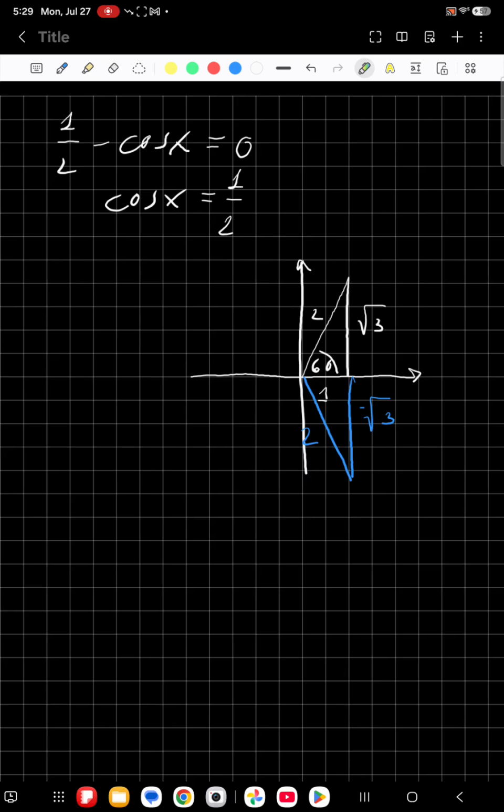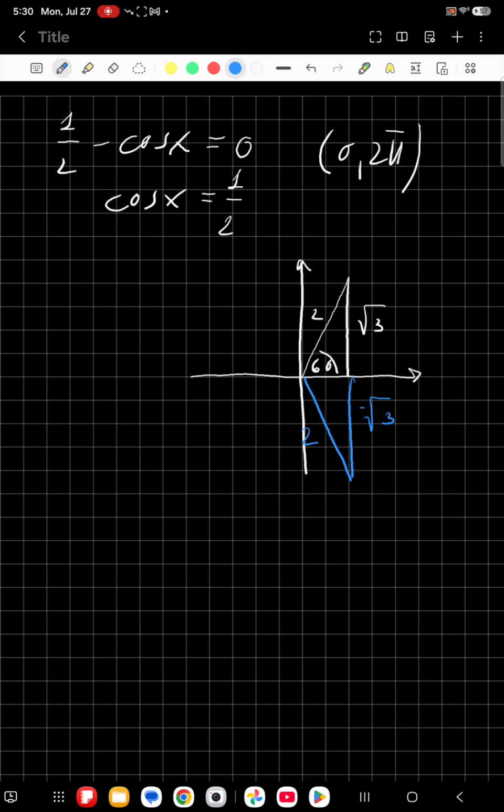And then since our interval was from 0 to 2 pi, we're looking at angles from 0 to 2 pi. So that second angle will be like this, from here to there. Actually, it ends at that hypotenuse, somehow that arrow went a little bit too far.